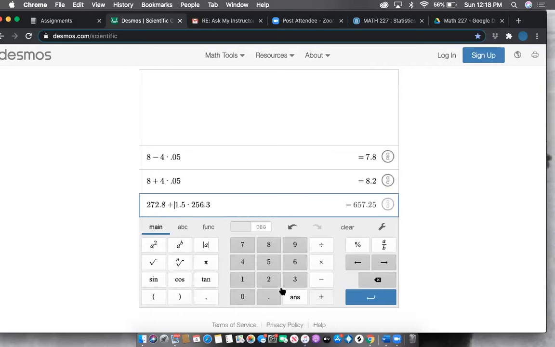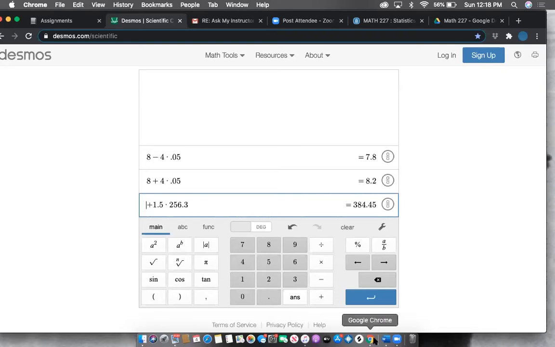And then get rid of that 272.8. We gotta replace the 272.8. No, not that one. Leave that. Press Control Z and then go back to the 272.8. Get rid of that. We gotta put Q3 there now.